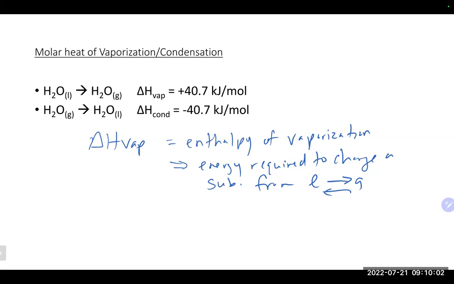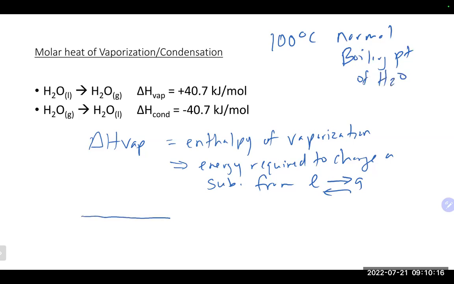So for example, at 100 degrees Celsius, which is the normal boiling point of water, we have that process occurring. We have evaporation occurring, going from liquid to gas, and we have condensation occurring at the exact same temperature. The difference, in terms of the energy, is really the sign.